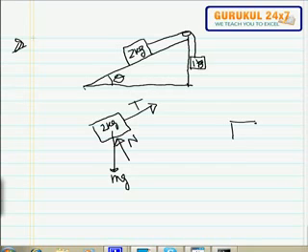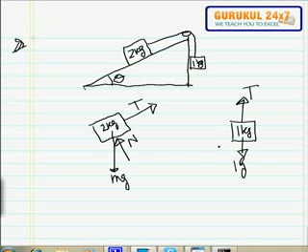Now we talk about the 1 kilogram block. 1 kilogram block is pretty simple. There is a weight 1g and a tension upwards away from the object. Okay, that's 2. Alright. So these are the free body diagrams of our two masses for this problem. Now how do we solve it? The way to solve it is trying to find out what is the value of tension.